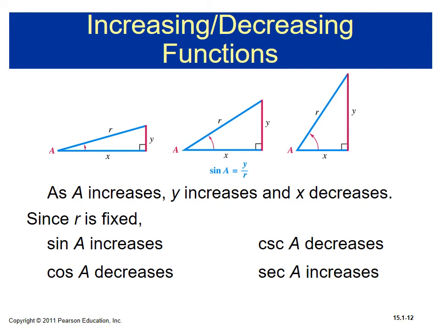As the cosine of A decreases, the secant of A increases. As the tangent of A increases, the cotangent of A decreases. Now you might be wondering, why does the cosine of A decrease? Well, if you'll notice, x gets shorter. So as A gets bigger, x gets shorter, and that is going to decrease, right, the cosine.